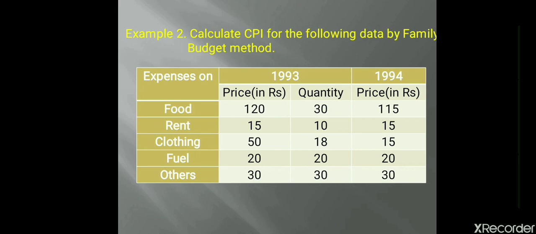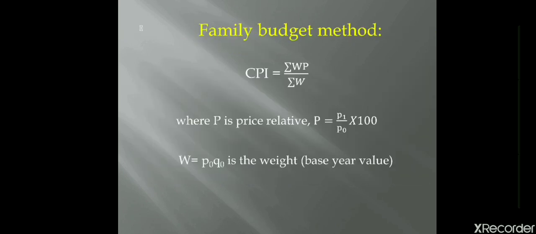For this problem, we have to find consumer price index by family budget method, and the formula is summation WP divided by summation W, where capital P represents price relative, and the formula for it is P1 divided by P naught into 100, and W stands for P naught into Q naught, nothing but base year value.